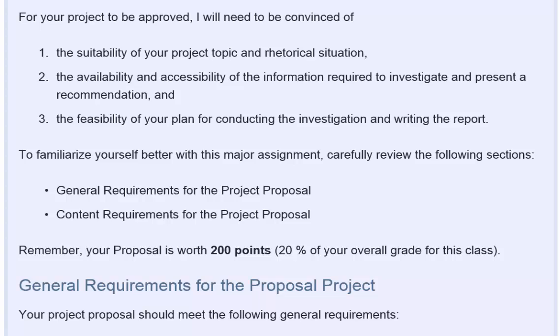So what will happen is, if there are problems with the scope or plans for your recommendation report in the proposal, your instructor will work with you to fix those problems and determine appropriate plans for your project, so that by the time you submit your final recommendation report for grading at the end of this course, you are well situated to earn a good grade on that important assignment.